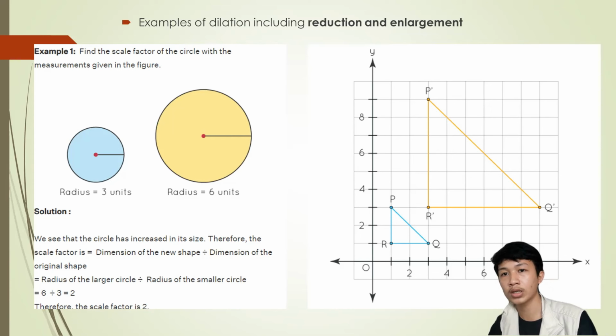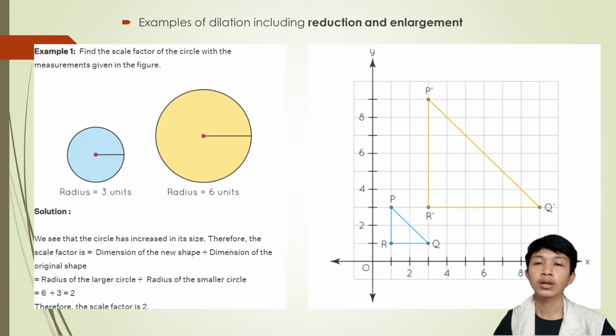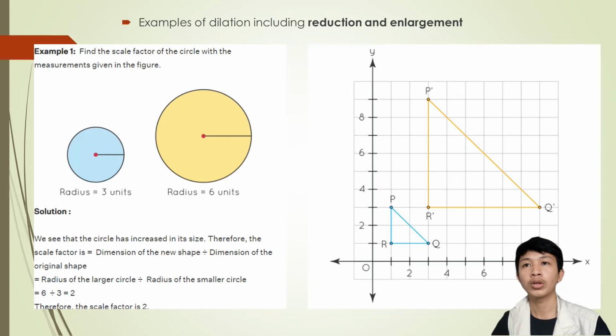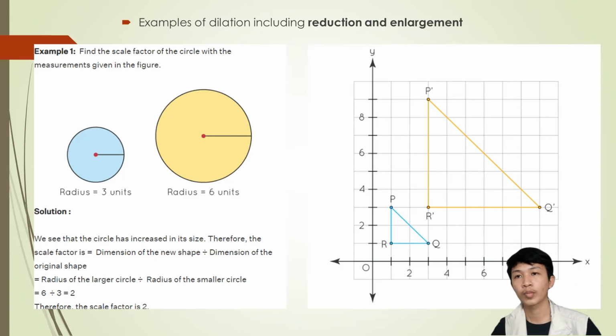So we see the circle increases in size, therefore the factor is the dimension of the new shape divided by the dimension of the original shape. If we reduce it, or we use reduction, we divide it by the dimension. So in order to come up with these 3 units, the factor is 2.